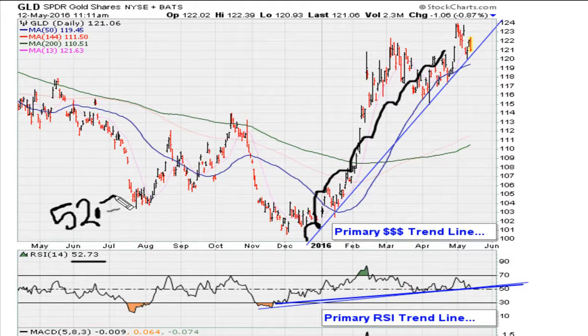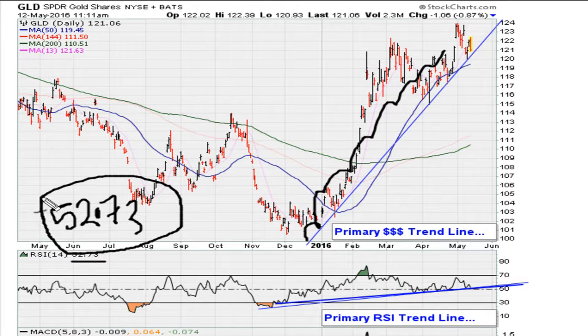Be aware that this daily chart suggests that at any point in the coming days, should we break below 52.73, we are going to see a huge drop. That drop, if it happens, would coincide with a major trend line break here and here. Those would be levels where you want to be out of the instrument, because it would suggest a big drop is imminent.